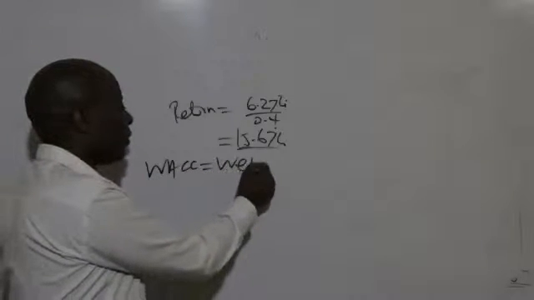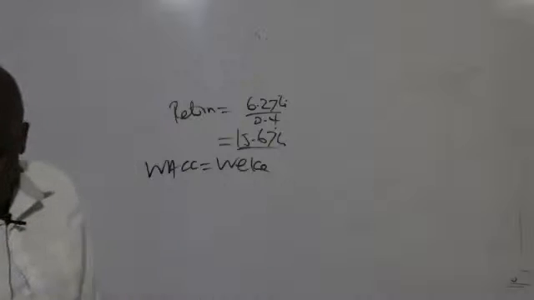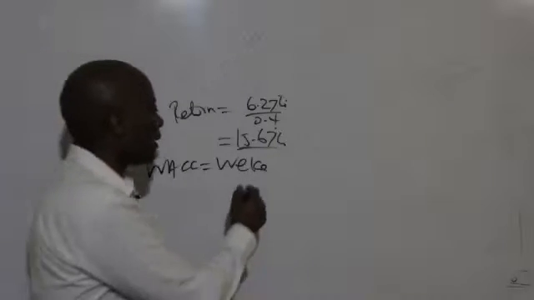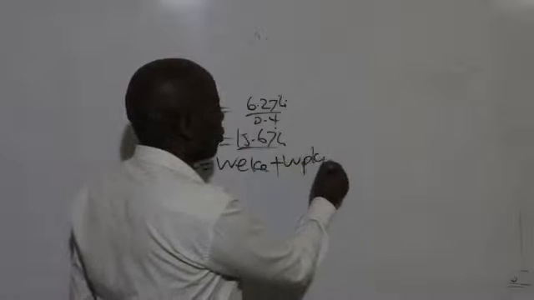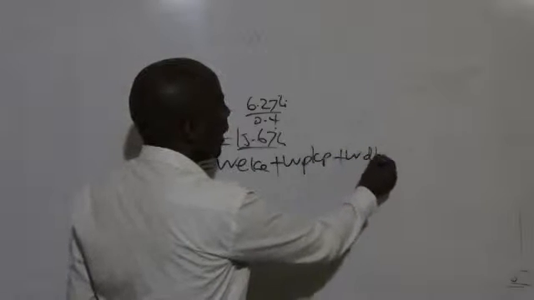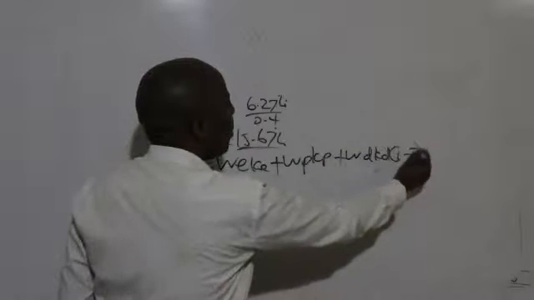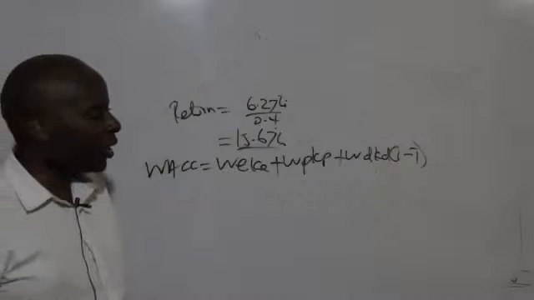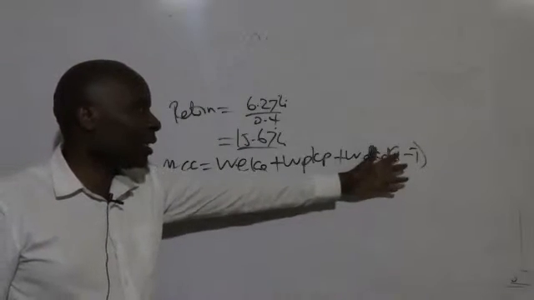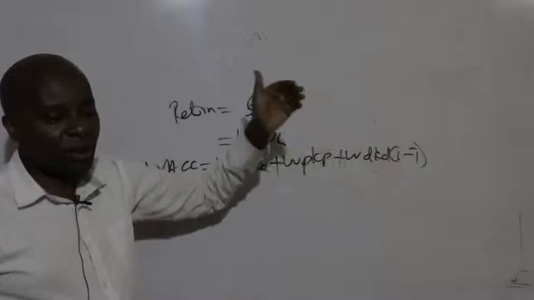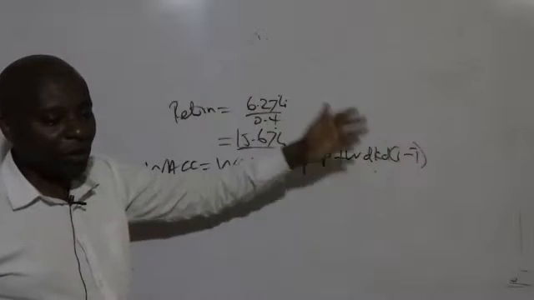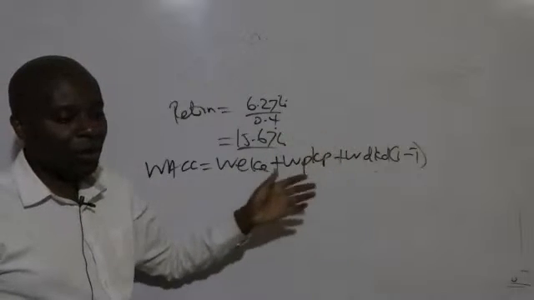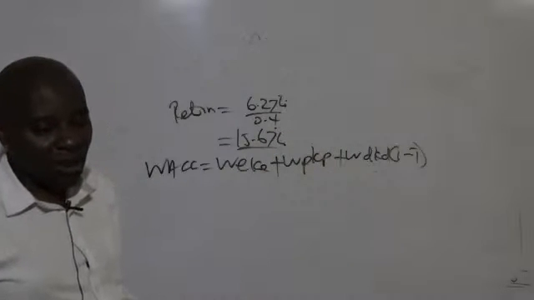It will be weight of equity times cost of equity, plus weight of preference times cost of preference, plus weight of debt times cost of debt. But remember, unlike the others, cost of debt has to be tax deducted. Because for debt we pay interest, and that interest is tax allowable.